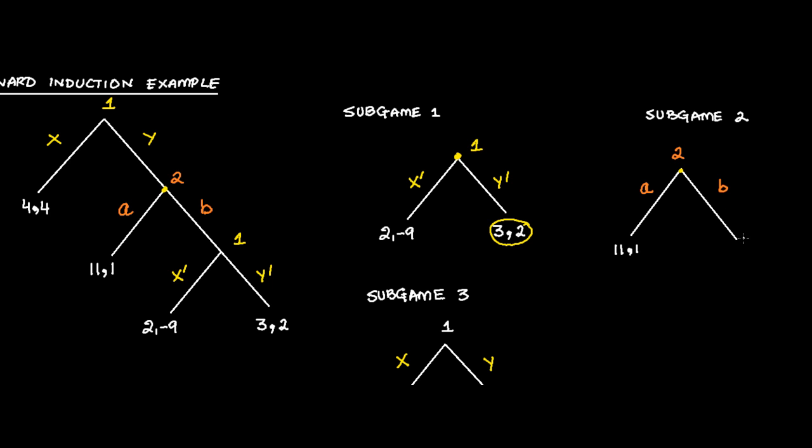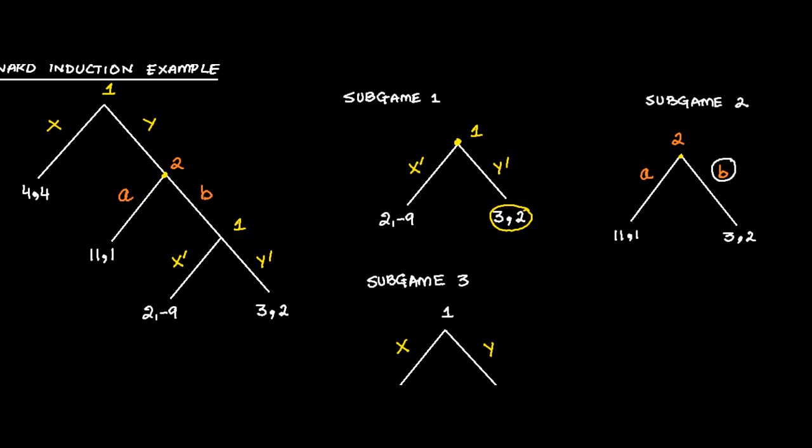And if he picks B, then this game would have been played, but we've already seen that player 1 is going to play Y dash, so this is going to be there. Now player 2 has to make a choice between 1 and 2 here. So naturally he'll pick 2, that means he'll pick B.